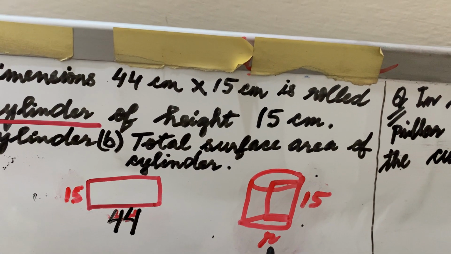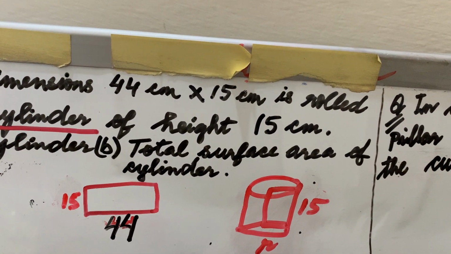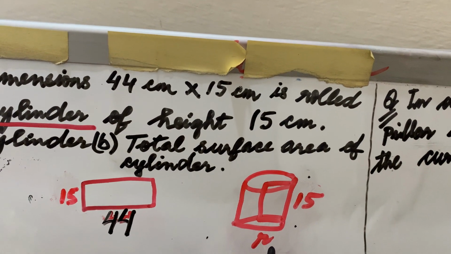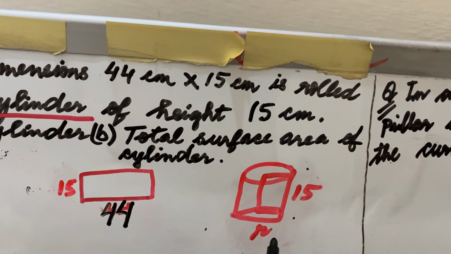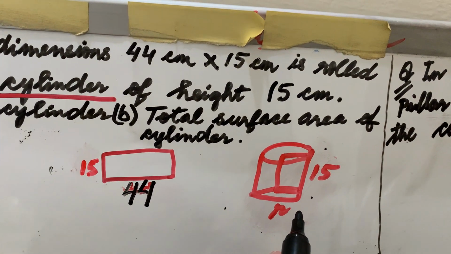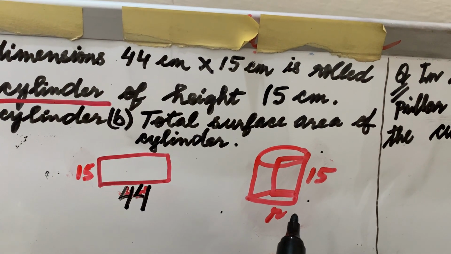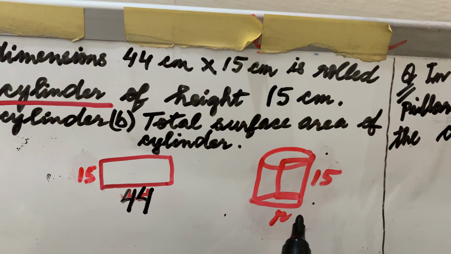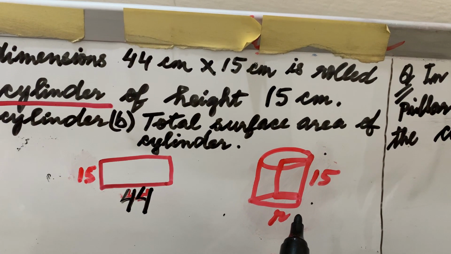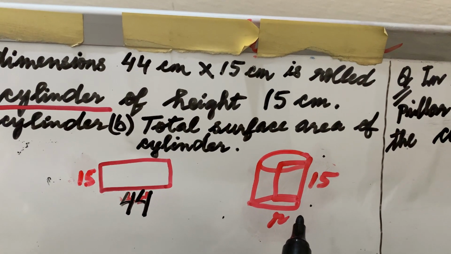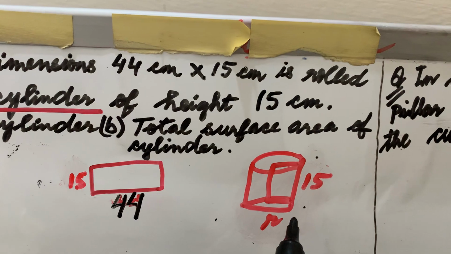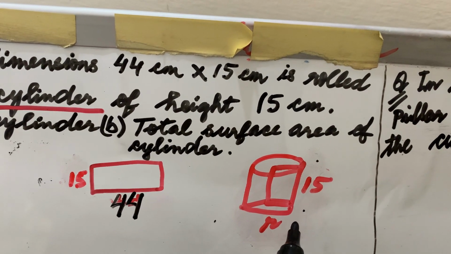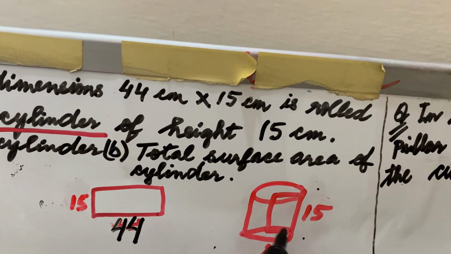And let us suppose the radius of the cylindrical base is r. Now in this problem, you have to remember one thing, that when the rectangular sheet is rolled along its width, the length of the sheet becomes the circumference of the cylindrical base.